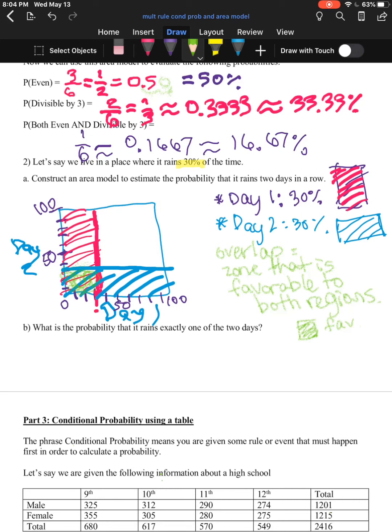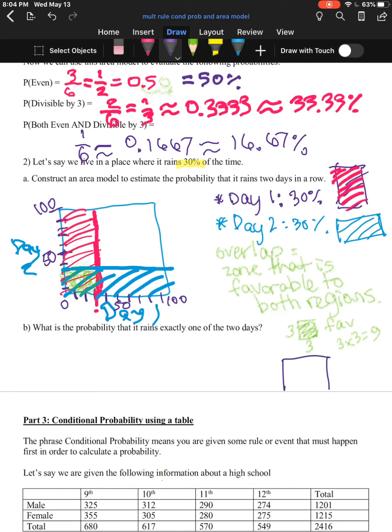How many square units is that? Well, you've got a 3 by 3. So 3 by 3 is equal to 9. What is our total possible working space? Well, it happens to be the entire zone of 100% in both directions. How many tick marks is that?